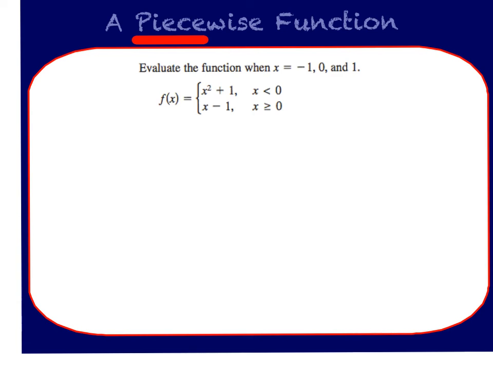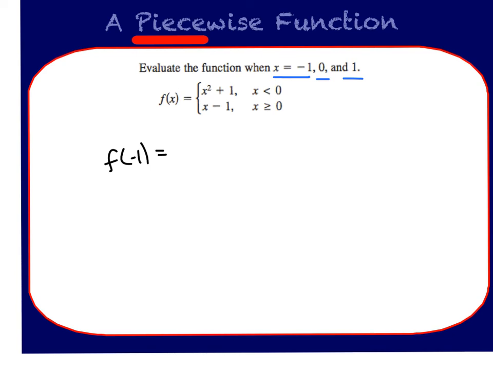So when I need to just evaluate, I need to evaluate at negative 1, 0, and 1. I need to figure out what part of the function I'm using. So if I do f of negative 1, am I using this top one or this bottom one? Which one has negative 1 in its domain?